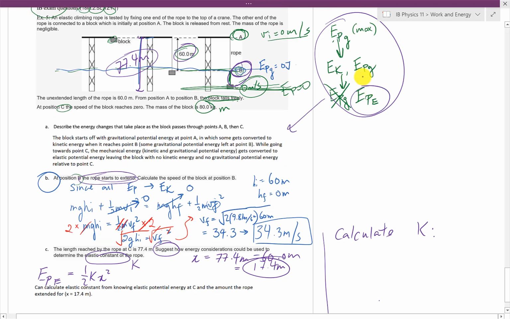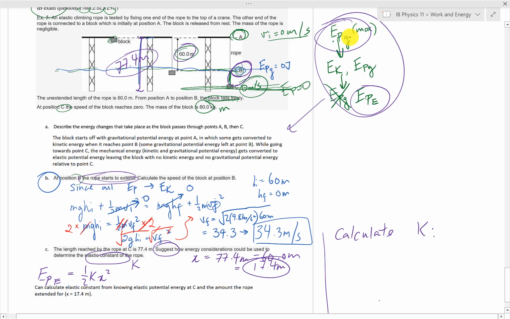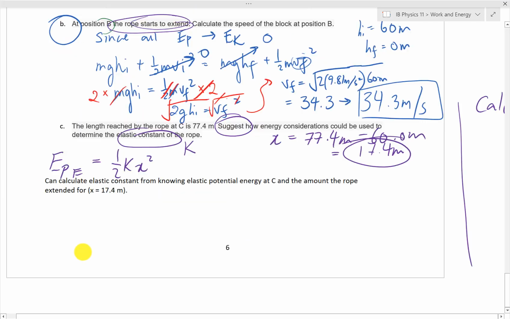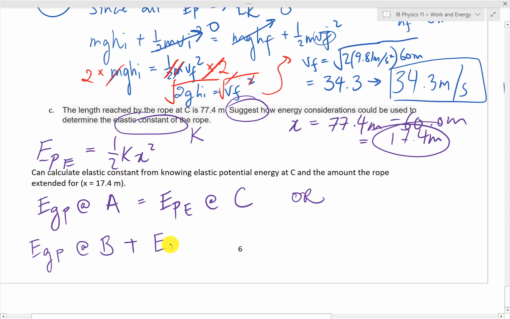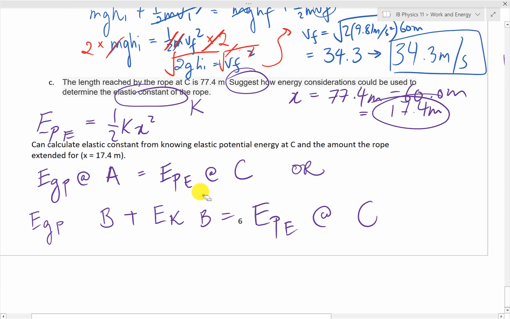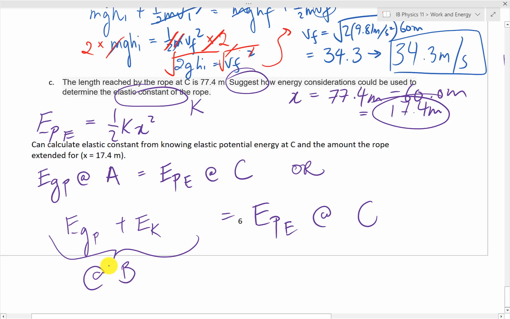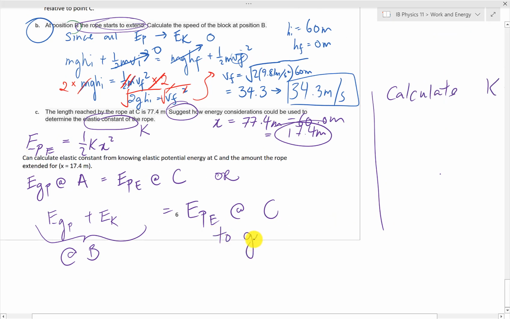To find the elastic potential energy, you either need to know the full gravitational potential energy to begin with at point A, or if you know the kinetic energy and the gravitational potential energy at B, you can also use that to find the elastic potential energy at C. So either works. We can write that down.